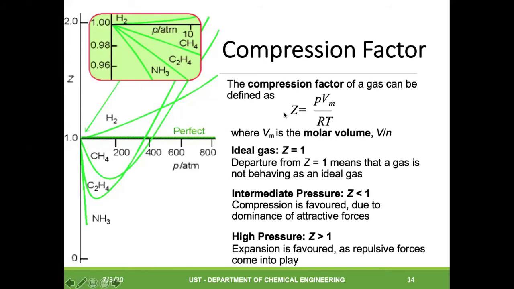So our equation for the compression factor is Z equals PVm over RT, wherein Vm is the molar volume. If Z is equal to 1, we have an ideal gas. If Z is less than 1, compression is favored due to dominance of attractive forces. And if Z is greater than 1, expansion is favored as repulsive forces come into play.